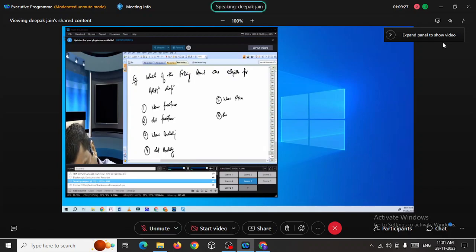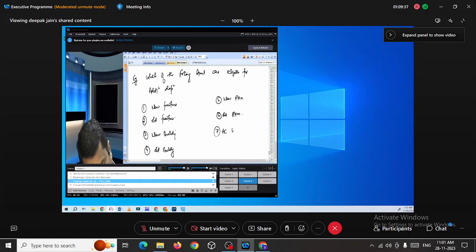Sixth, old plant and machinery. Seventh, AC used in office; AC is plant and machinery. Eighth, AC used in production area.